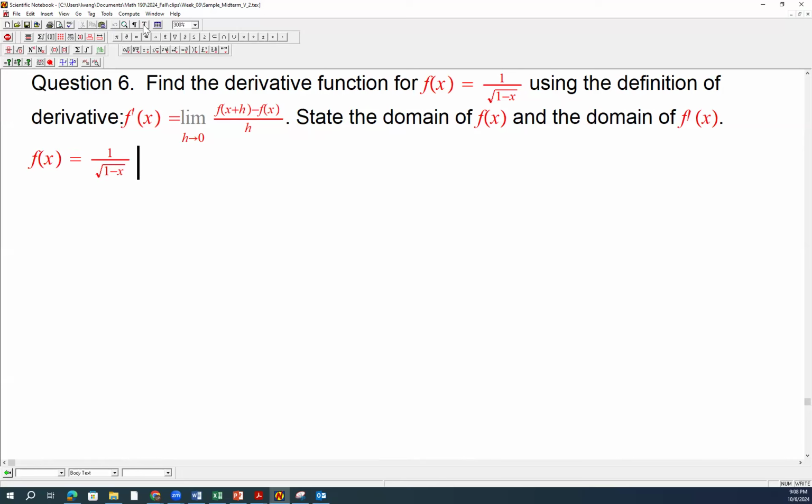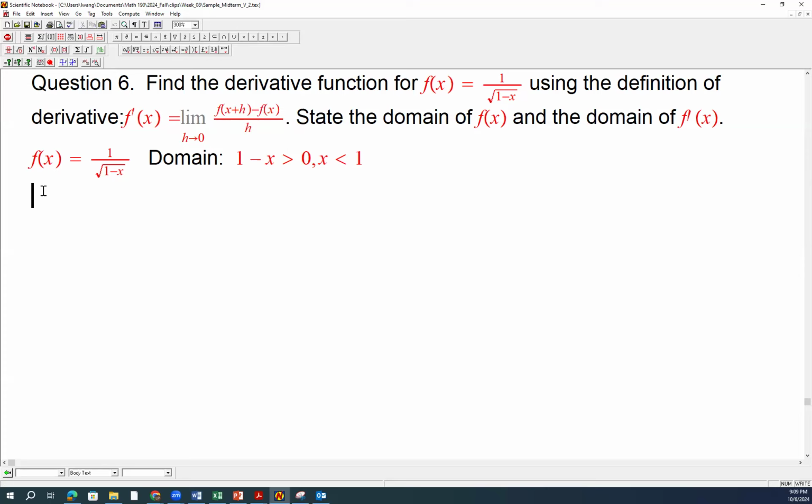Okay, so what's the domain? 1 minus x has to be larger than 0. It cannot be equal to 0 because it's in the denominator. Therefore, the domain would be x less than 1. That's the domain. So everything we do will be in that domain.